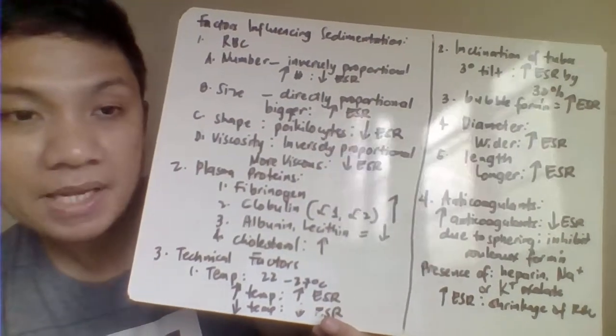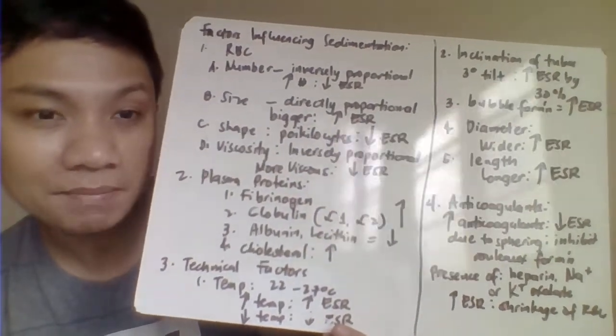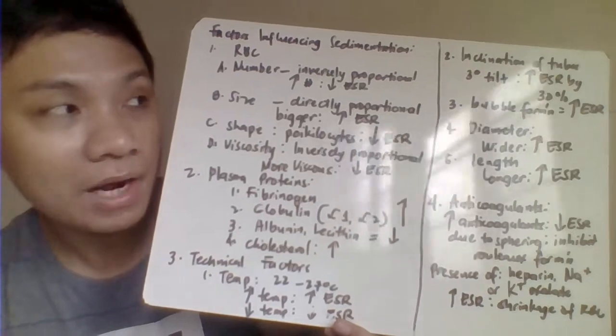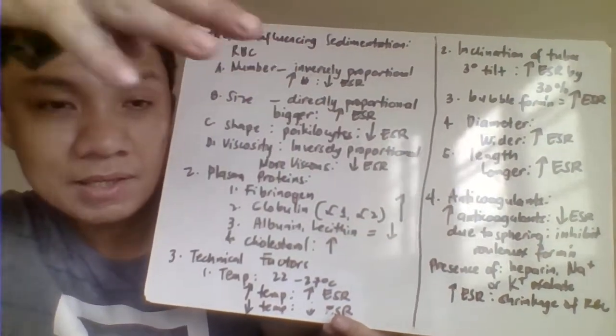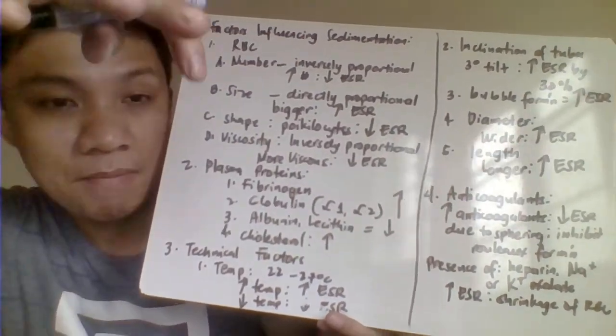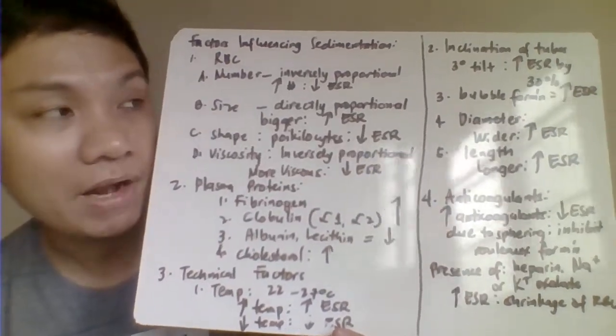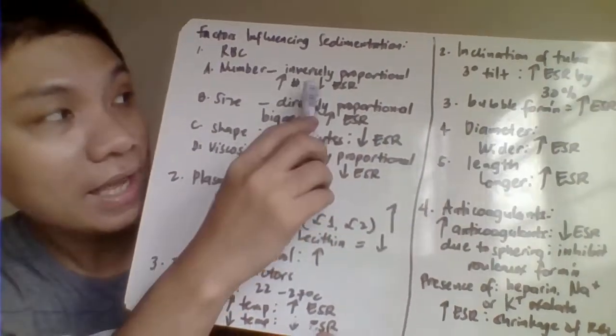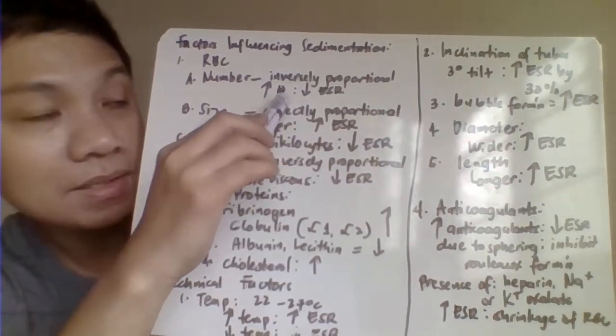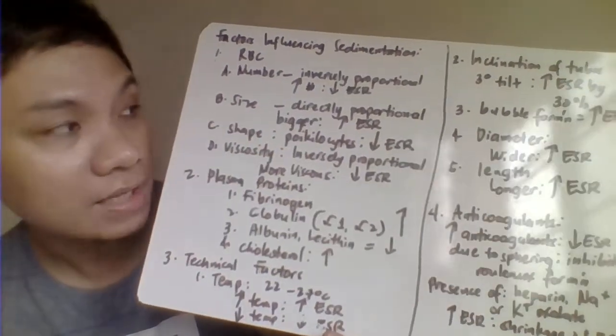Pag anemic ang patient natin, wala siyang masyadong RBC, so wala silang kakompetensya pagbaba, and therefore that would allow them to have a faster ESR, in the case of a low RBC count like in your anemic patient.